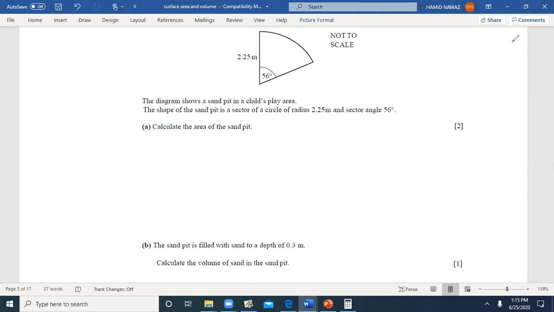Mariam, tell me. Sir, can I try? Yeah, sure. First, to find the area we will use 2 pi r, so we're gonna do theta over 360 times 2 pi r.